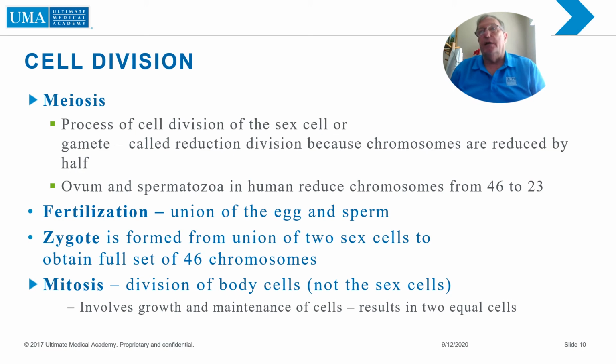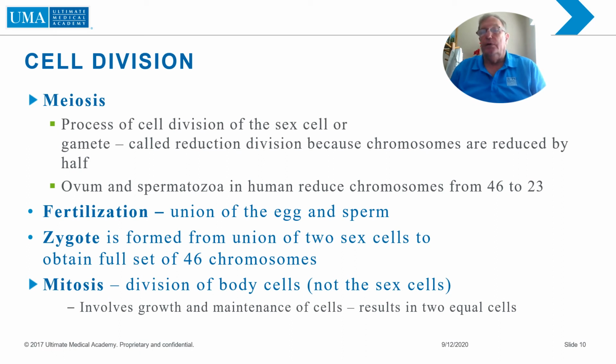And so it's quite different from mitosis. Mitosis is not sexual at all, and it only replicates the individual cell, like the liver cell or the cardiac cell or the skin epidermis. It only does that.